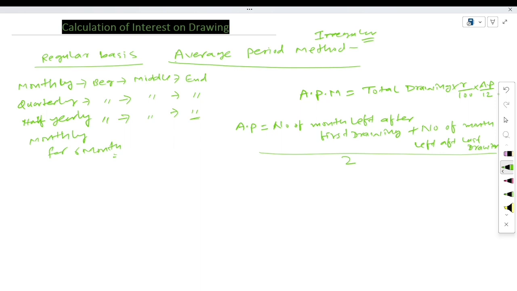Through this formula we can find the average period. So what formula do we use for calculating the average period? Number of months left after first drawing plus number of months left after last drawing upon 2.